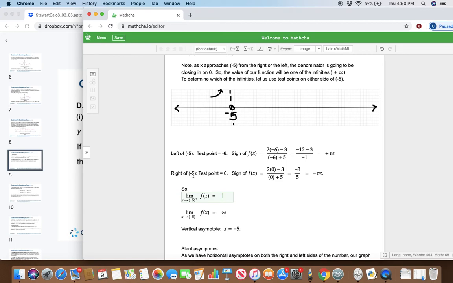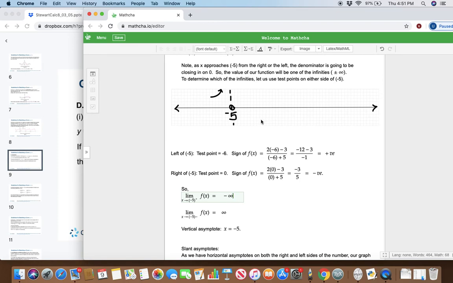Okay, let's figure out the right-hand limit. To the right of -5, choose some number, 0. Plug it in. What do I get? -3 upstairs and +5 downstairs. So it's an overall negative. So I'm going to get negative infinity from the right.